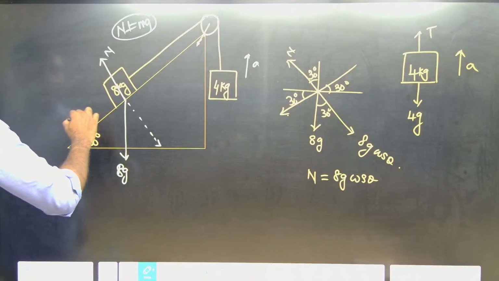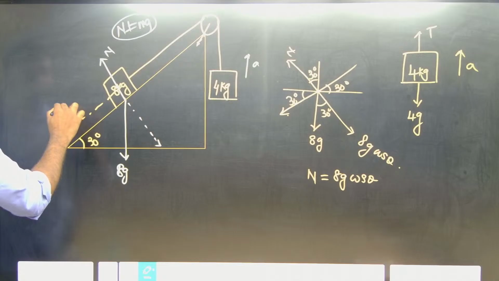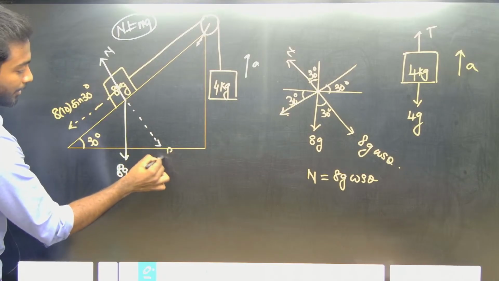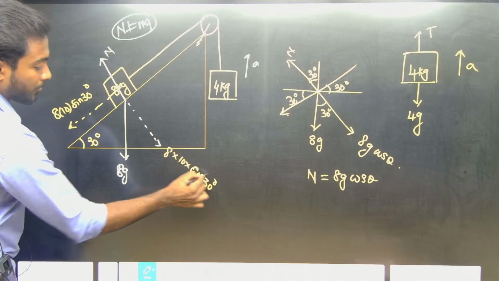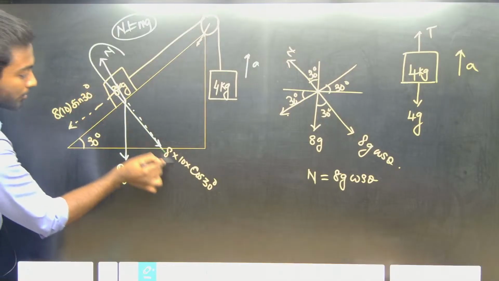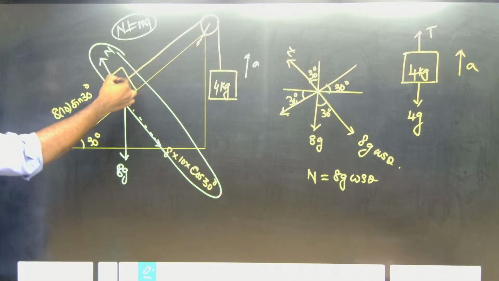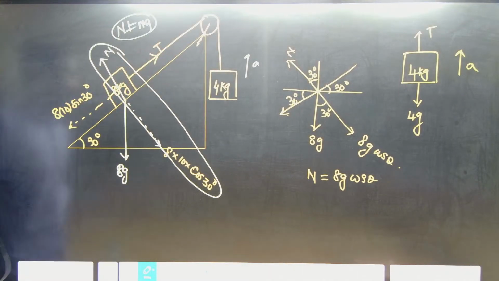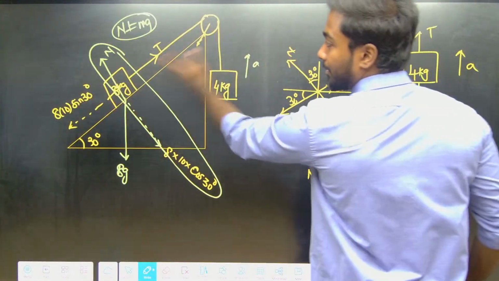So this is my 8 into 10 into sin 30 degree and this is my 8 into 10 into cos 30 degree, and we are not talking about this one now, we are talking about this. The force is acting towards down, tension is in the opposite direction. Got it?